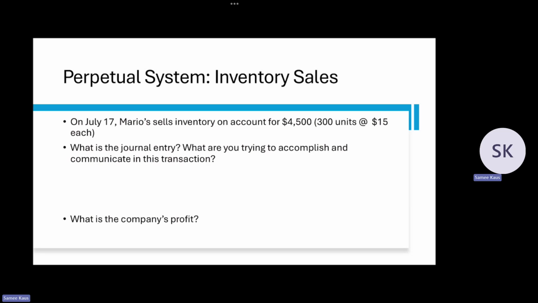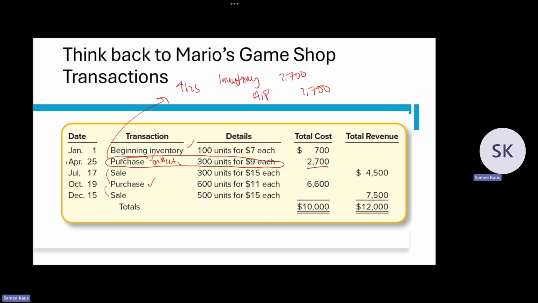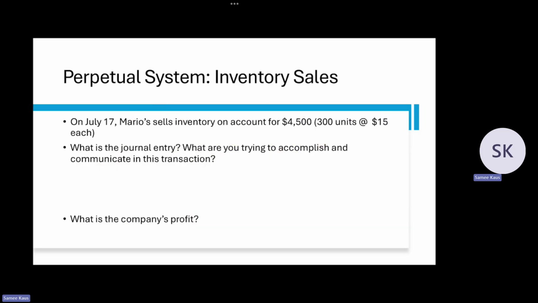The next thing that we have is this July 17th sale, where he sells 300 units for $15 apiece. So with a perpetual inventory system, when you sell inventory, it will always trigger 2 journal entries. What's going to happen here is we need to record that I sold inventory on account for $4,500.